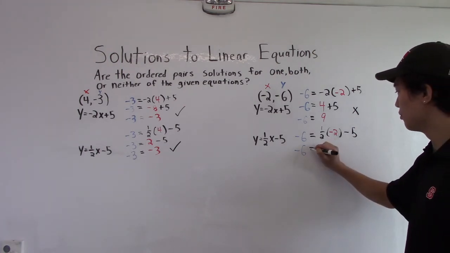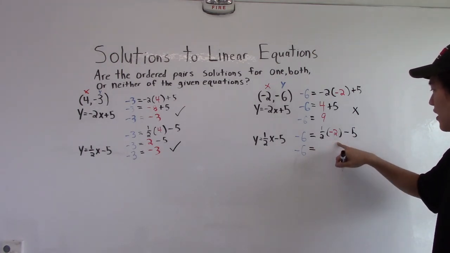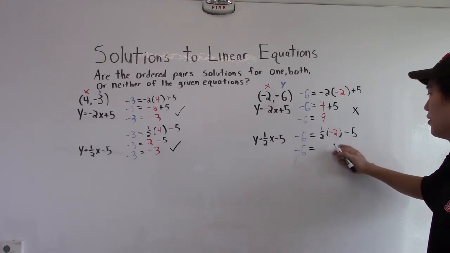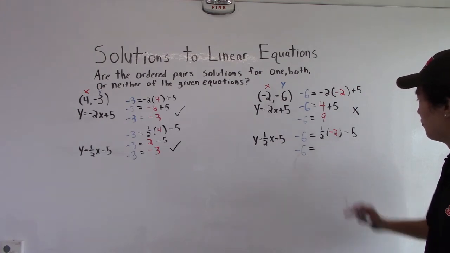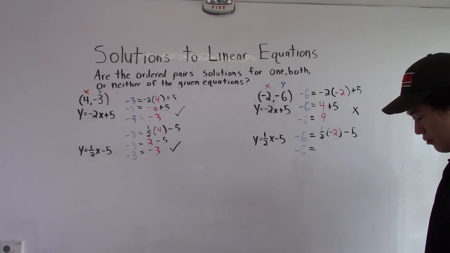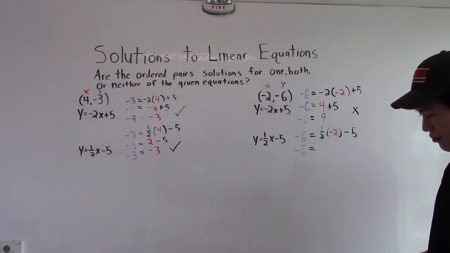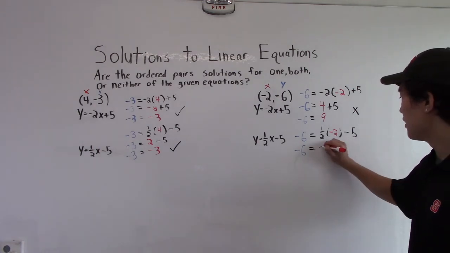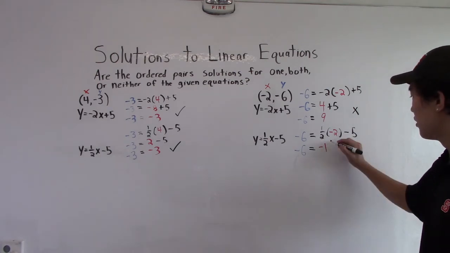It's equal to 1/2 times -2, which is also the same thing as -2 divided by 2, which is going to give us a -1 minus 5.